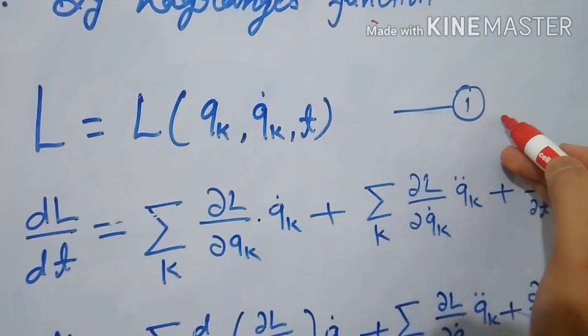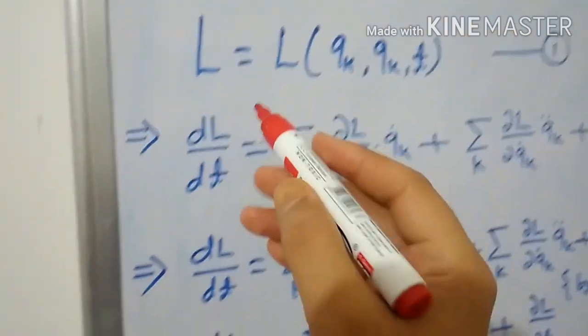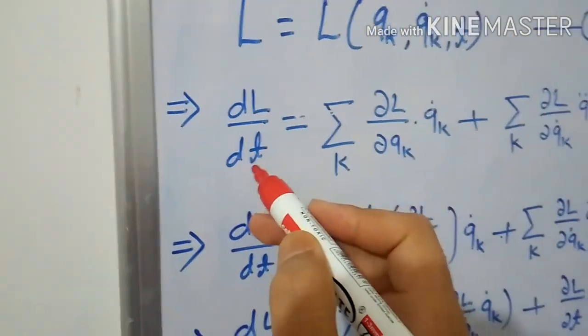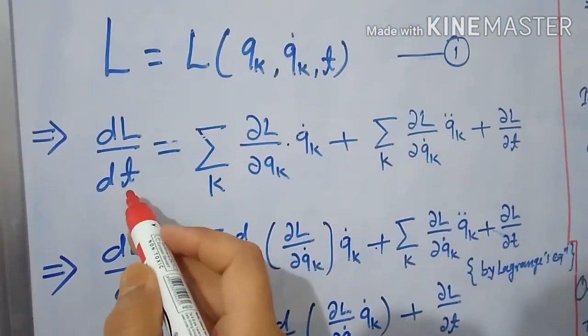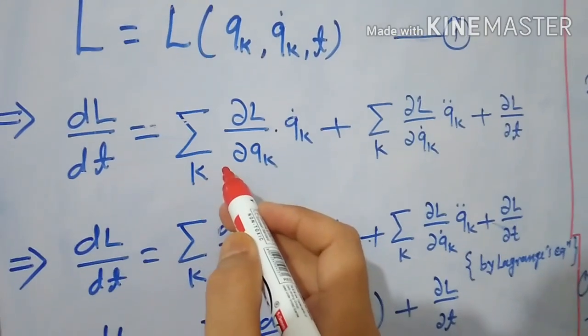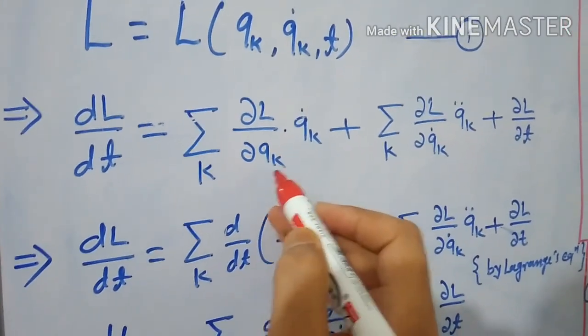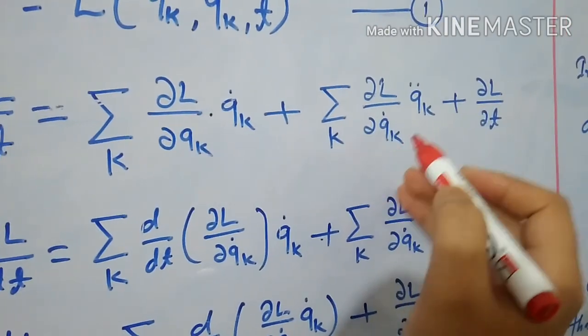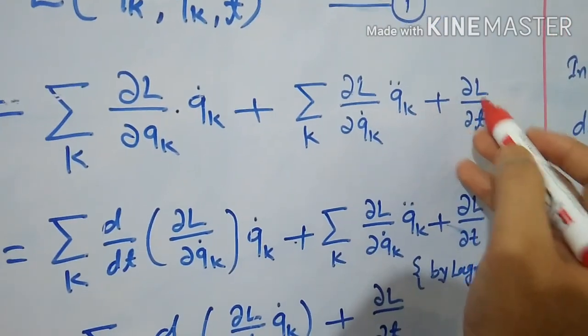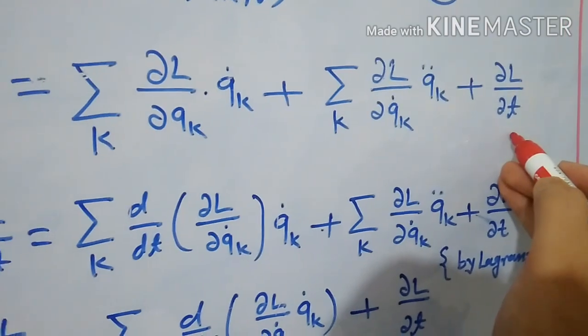When we differentiate this function with respect to t, then we have dL upon dt is equal to summation k del L upon del qk dqk dot plus summation k del L upon del qk dot qk double dot plus del L upon del t.